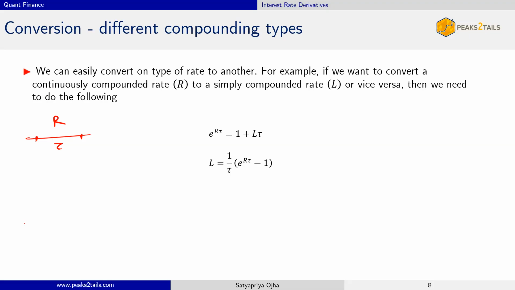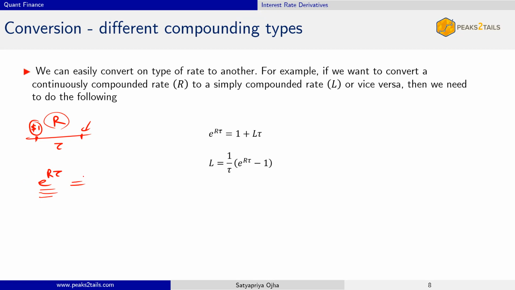That's what conversion basically means. You're quoting the rate in a different compounding frequency. So I know that if the continuous compounding rate is R, the money that I'll have at the end of the period is e to the power R tau. If I invest $1, of course, it will become this much.